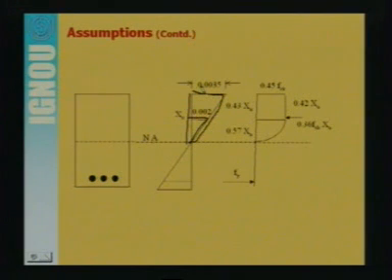So, here out of these 4 quantities, 3 are known and 1 is unknown. So, this unknown quantity can be calculated from the property of similar triangles, that 0.0035 divided by 0.002 will be equal to xu divided by this distance. If you solve this equation, then you will get this depth as 0.57 xu, which means 0.57 times the depth of the neutral axis xu.